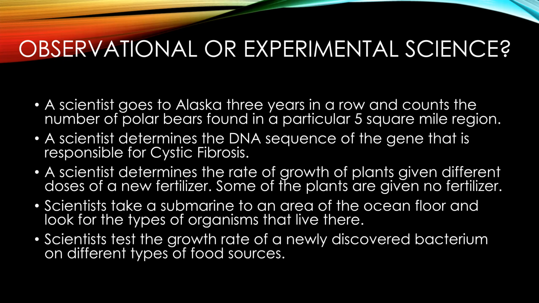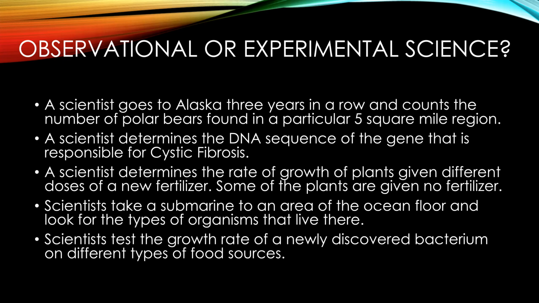I think the variable may be the rate of growth, and maybe the control is no food source versus all the others having different types. Okay, you're on the right track. The variable is the food sources, different types. So, for example, you could have a medium on which bacteria grow, and you might vary the sugar type in each medium.